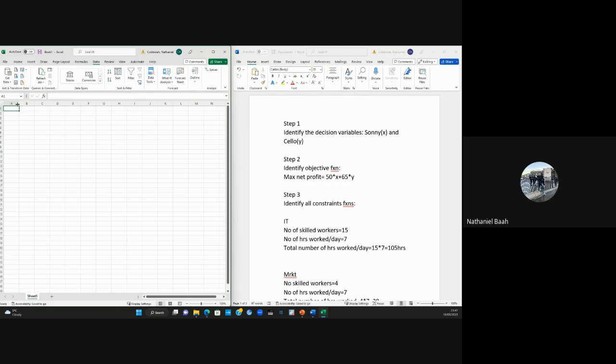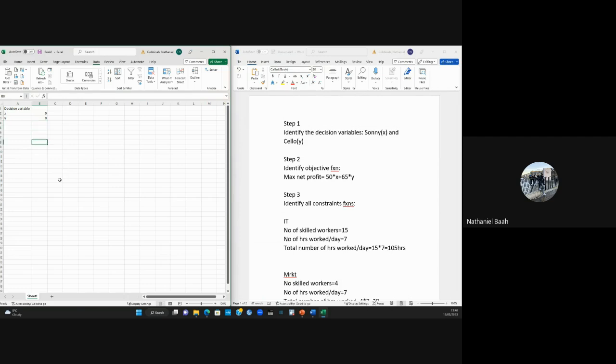So I'm going to name this cell my decision variable. And our decision variables were Sony X and Cello Y. In doing this, we always set our decision variables to 0. So Sony will be 0, enter, Cello 0, enter. Good.